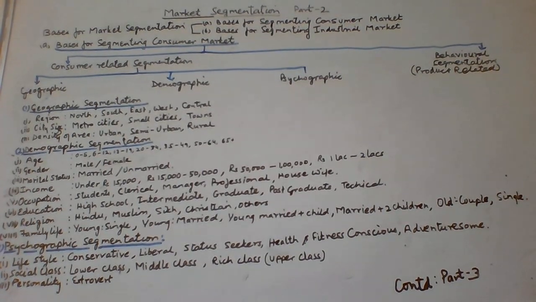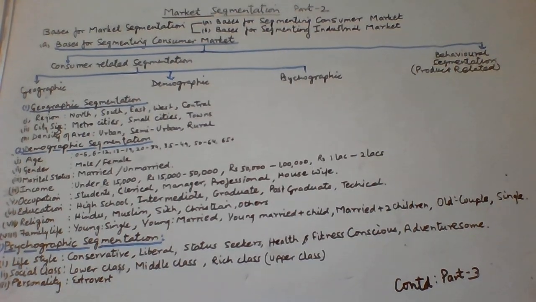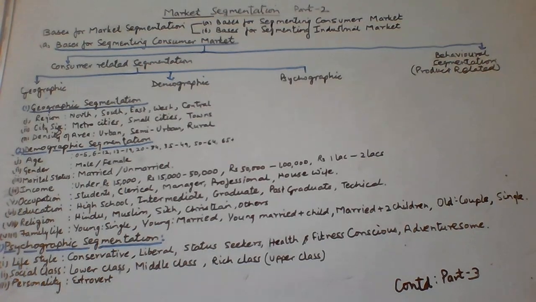If the person is married, the spending nature of the salary would be quite different from that of an unmarried person. An unmarried person, whether male or female, will spend the major portion of the salary on himself or herself.